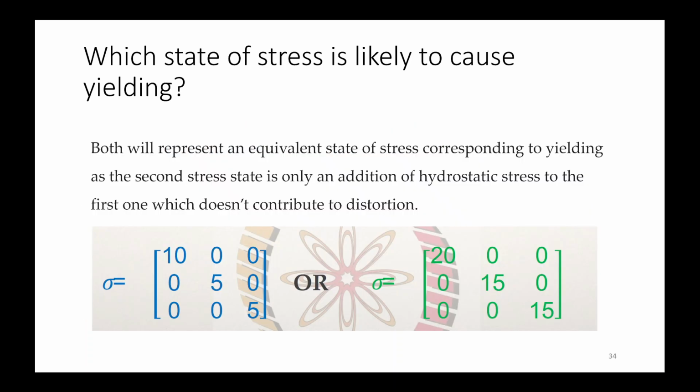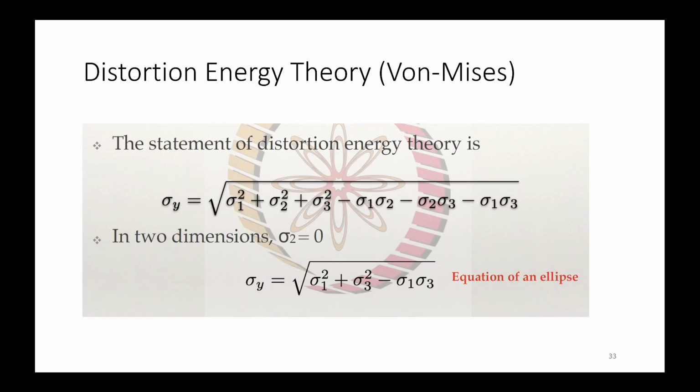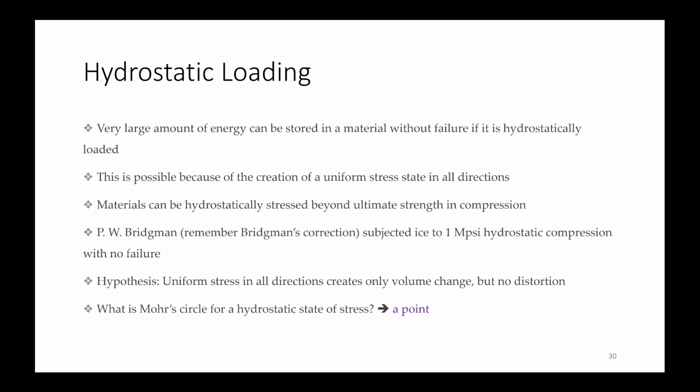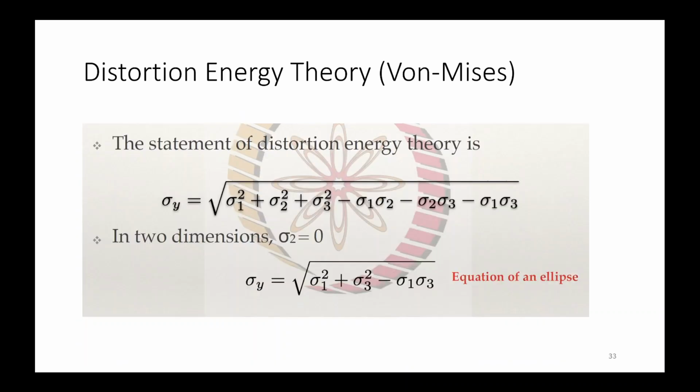Okay, so you calculated for both of these, right? Yes, ma'am. For both of them, if we check, in one I have 10, 5, and 5. In another I have 20, 15, and 15. So if I take the sigma 1, sigma 2, sigma 3 values accordingly and apply them in the formula, then the value of sigma y will come different in both the cases, no ma'am?